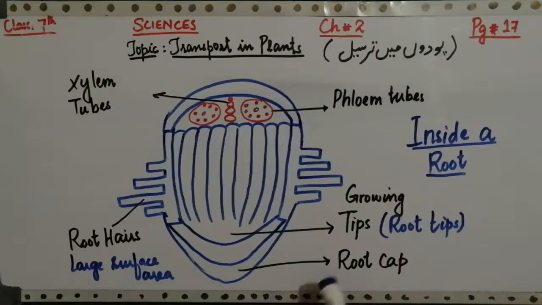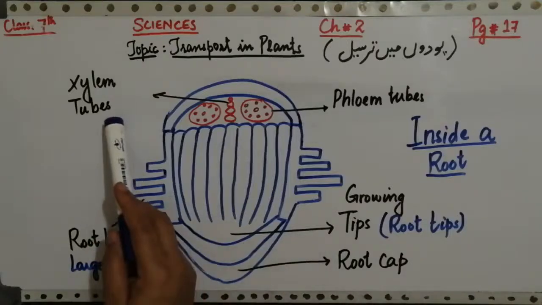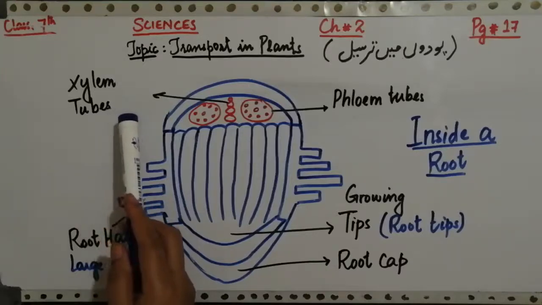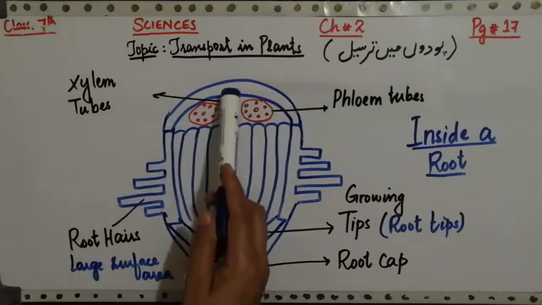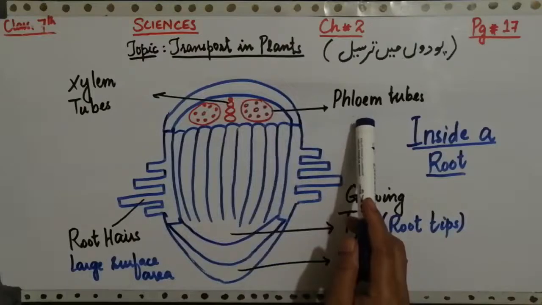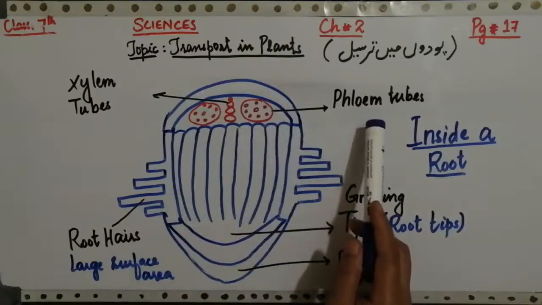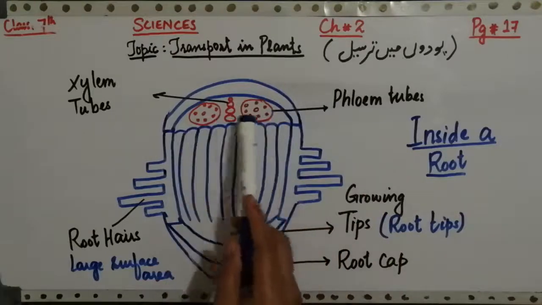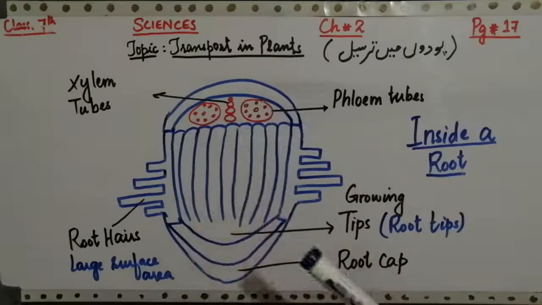Now I am repeating once again the function of the xylem tube: water and minerals move up the xylem tubes to the stem, and here you can see in the center the xylem tubes. While phloem tubes are normally responsible for transporting sugar. So sugar from the leaves moves down the phloem tubes, and the sugar is used by the cells of the root in respiration.